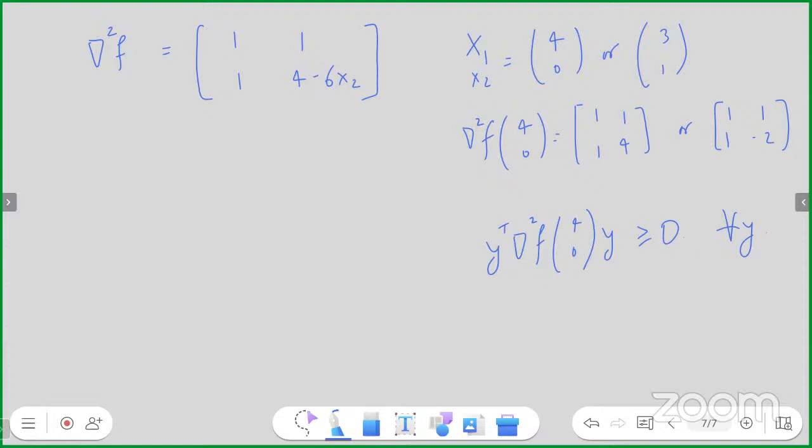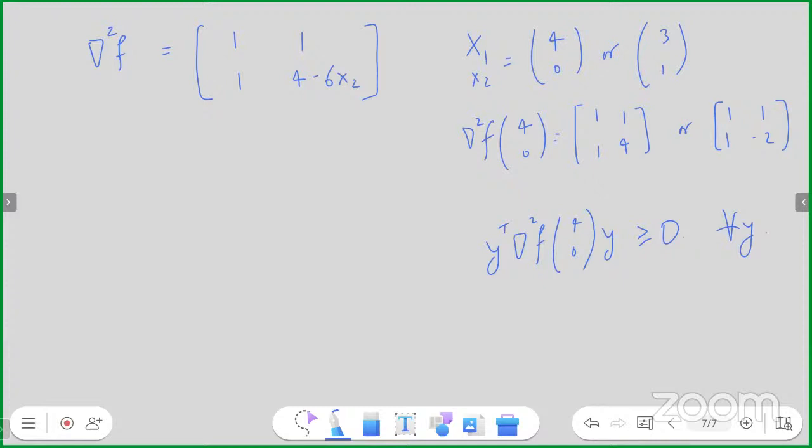Hopefully the difference is clear. We've not proved sufficiency yet. He was demanding sufficiency, but we haven't done so. So all we have said is, if there is a local minima, then it has to be only at 4, 0.